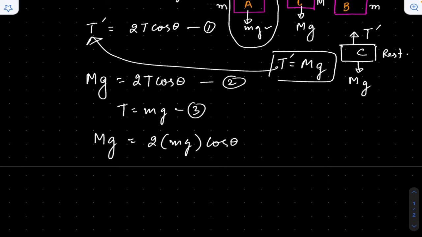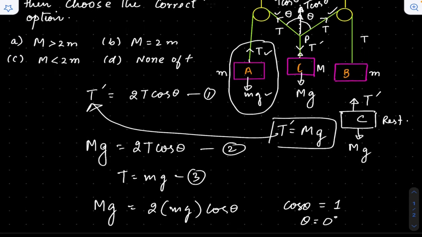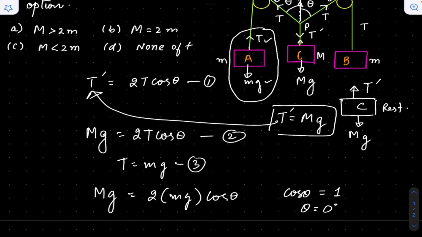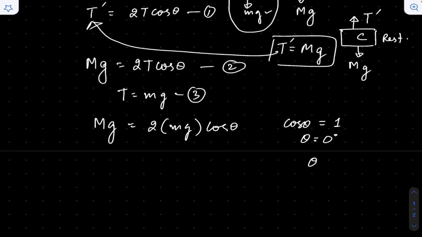Now we will decide which option will be correct. Cos theta equals 1 when theta equals 0 degree, but according to the diagram theta is not 0, it is an acute angle, greater than 0 degree but less than 90 degree. In such situations the value of cos theta is less than 1 but greater than 0.